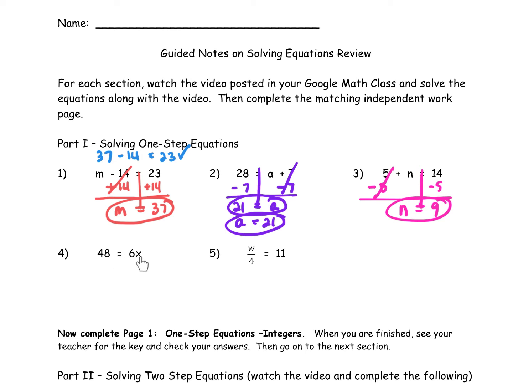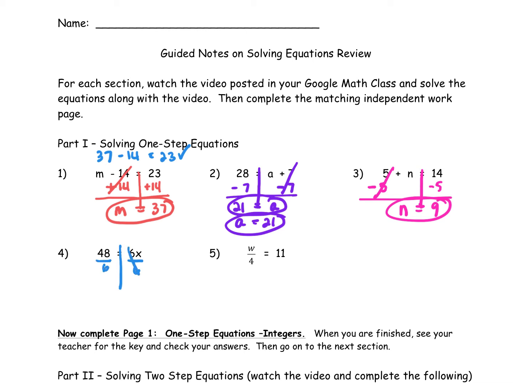Our next equation, we start on the right side because that's where they gave us the variable this time. Build our wall. Now, if you recall, side by side means multiply. So the opposite of multiplying is dividing. And we're going to choose to show division like a fraction bar on both sides.